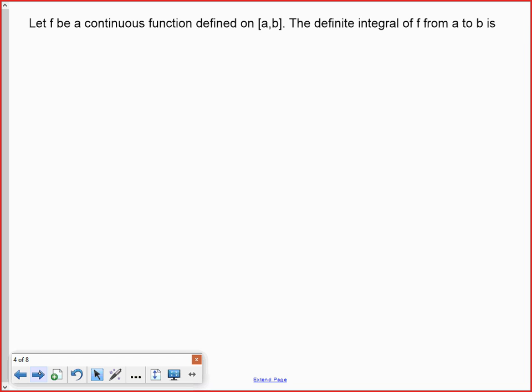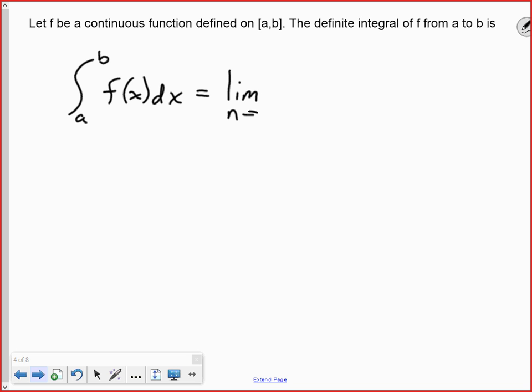So we say that this thing, which is called the integral from a to b of our function f at x dx, is equal to the limit as n goes to infinity of this summation that we're using to approximate it: the sum from i equals 1 to n of f at x_i delta x, where delta x, of course, is given by (b minus a) over n.